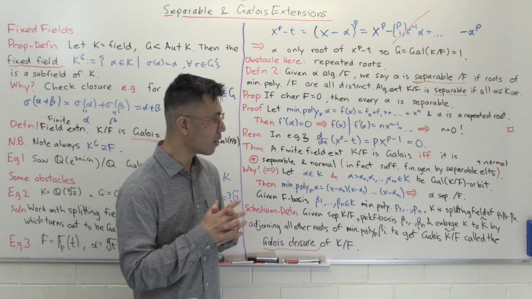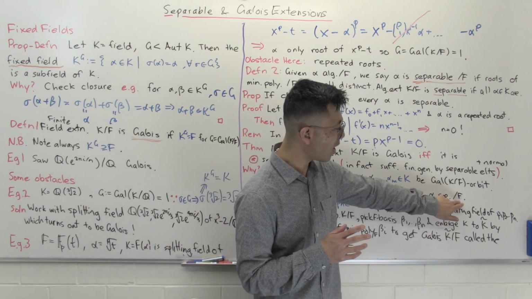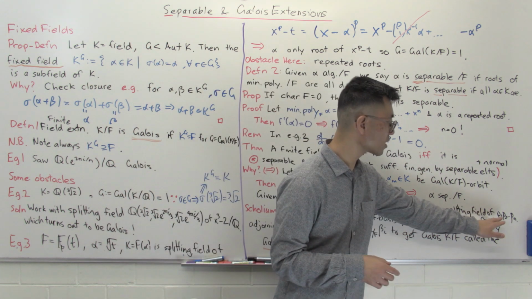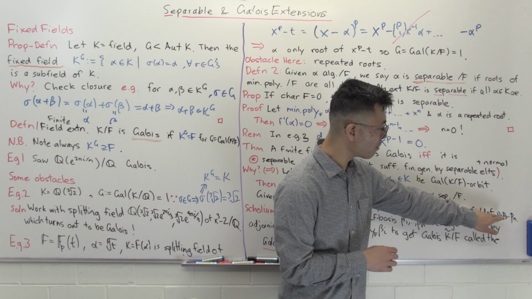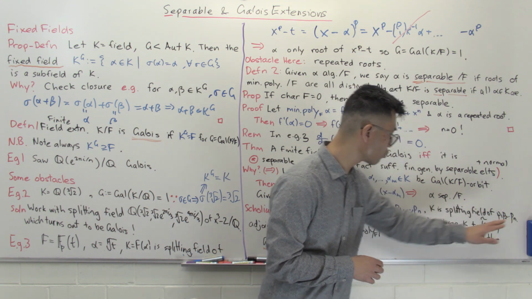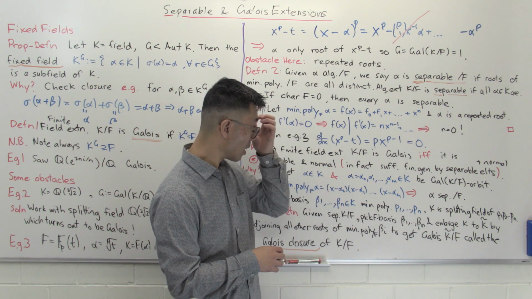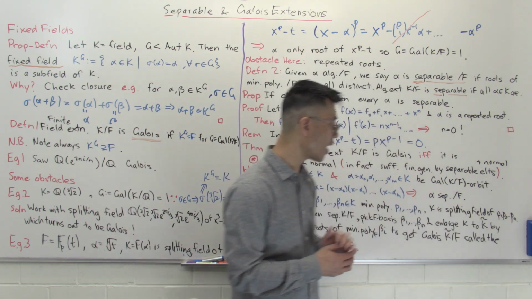So why is that true? To show that, what does that mean? That means that K is generated over F by the roots of this. Certainly K contains the field generated by the roots of this, because it contains all those roots, as I just said. And how do you know that the field generated by those roots is equal to K?